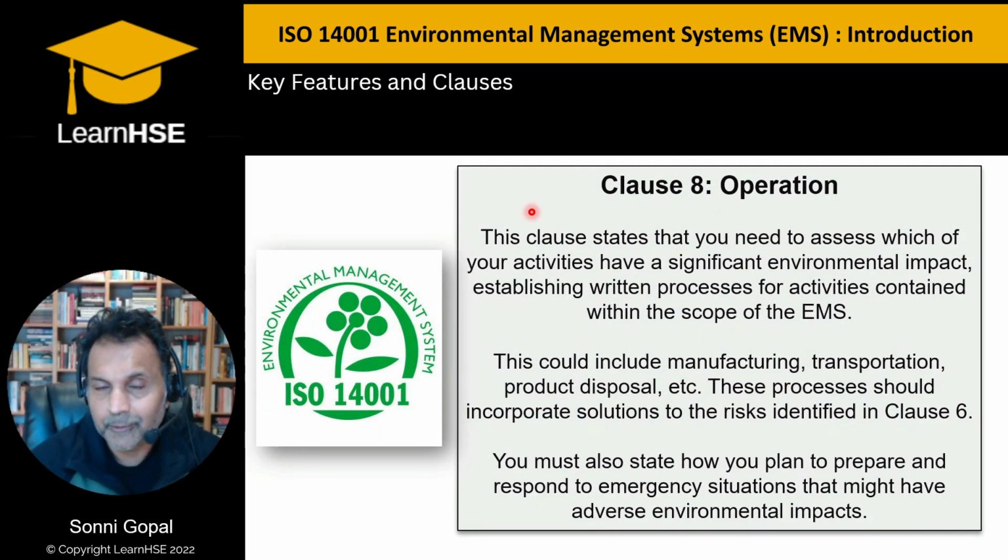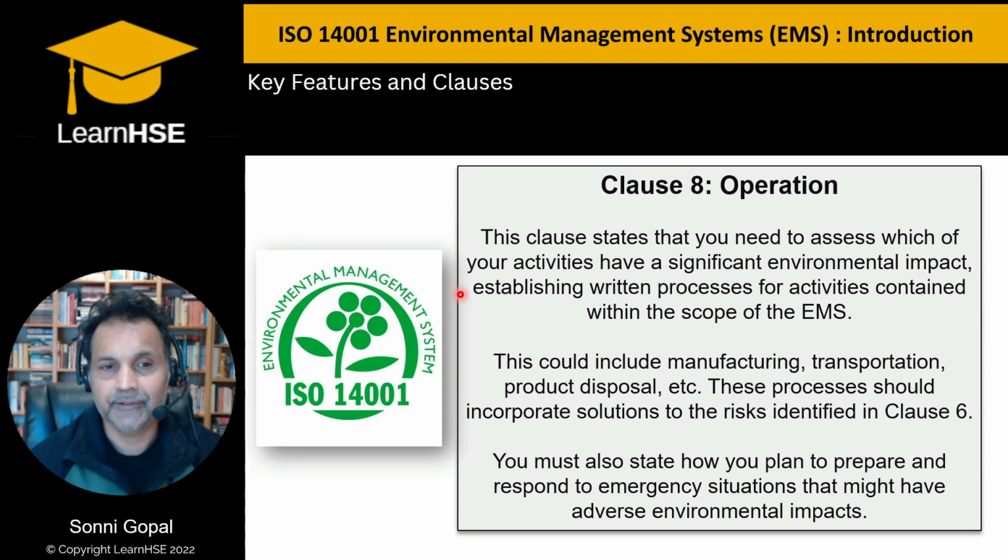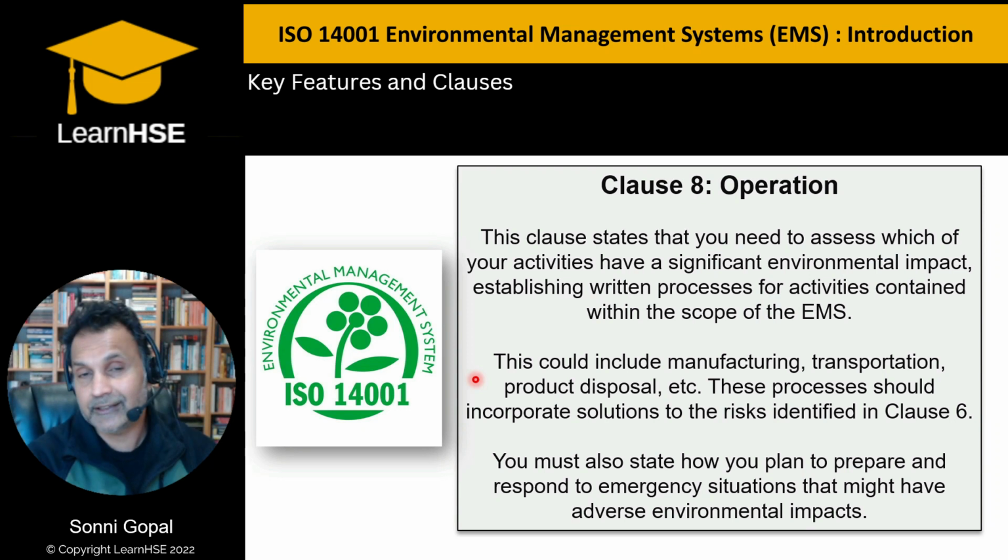In clause 8, where we talk about operation, the organization needs to assess which activities have a significant environmental impact, and also we should establish processes for the activities that are contained within the scope of the management system. And this could include manufacturing, transportation, product disposal. All of these processes should incorporate solutions to the risks identified in clause 6.